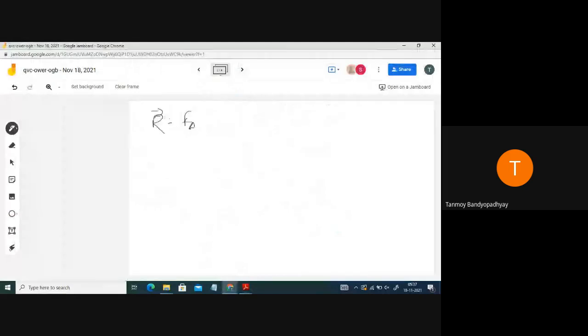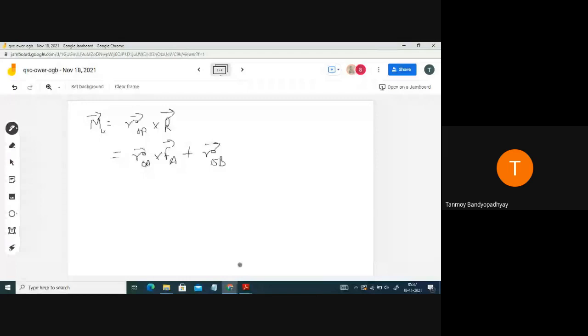In order to calculate M0, what you have to do is either you can use the resultant force vector R, or you can do R OA cross FA plus R OB cross FB plus R OC cross FC.